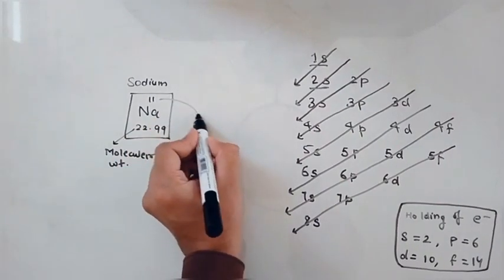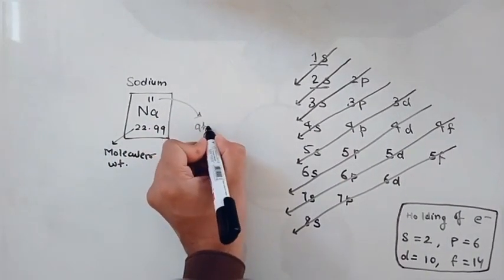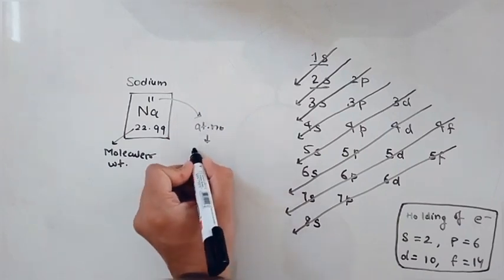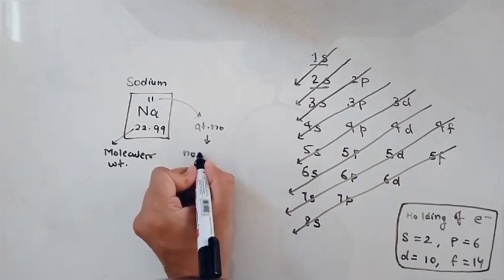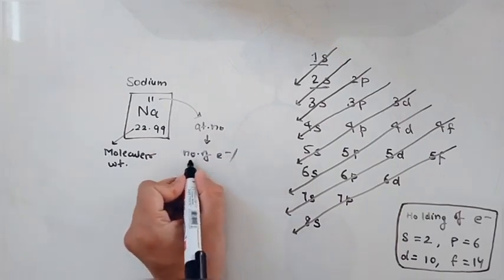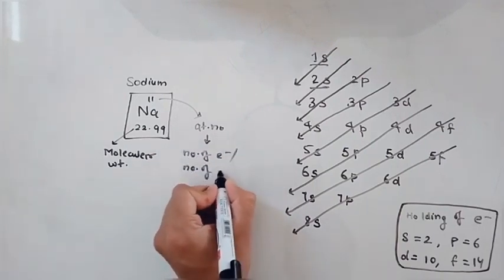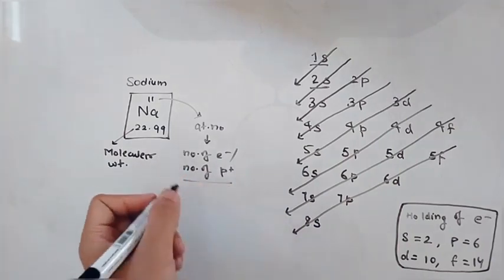On the top of the element, it's given the atomic number. The atomic number represents the number of electrons, which is also equal to the number of protons. That is the same thing.